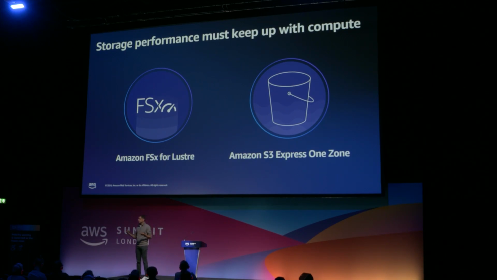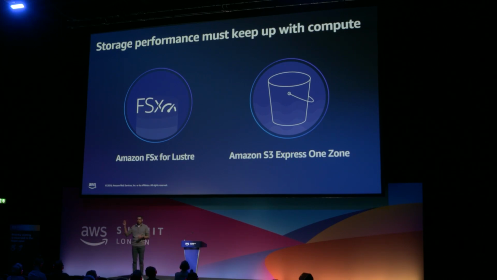Lustre is a very popular file system in HPC, or high-performance computing, or in the machine learning world. And FSx for Lustre is a managed service that you could use on AWS. And Lustre provides you millions of IOPS, terabytes per second of throughput, and all of this while keeping latency at sub-millisecond levels, right?